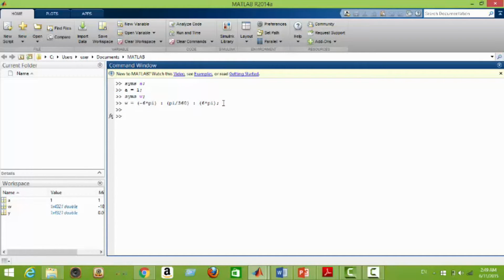And then we have to clearly show the equation for the function.